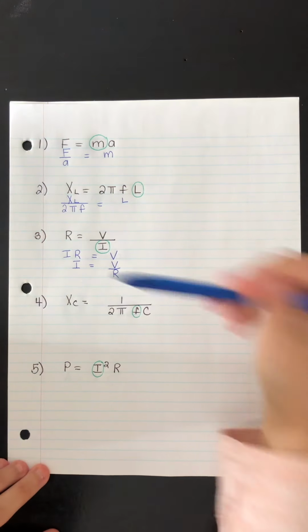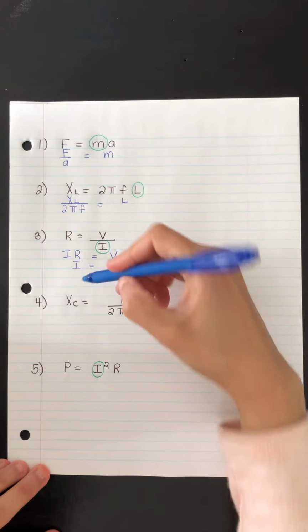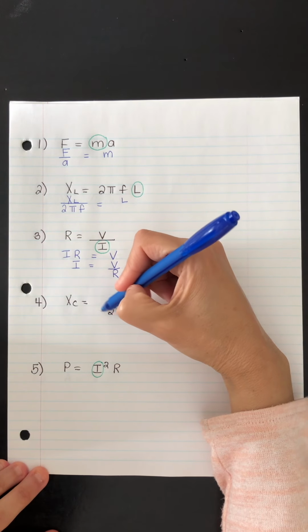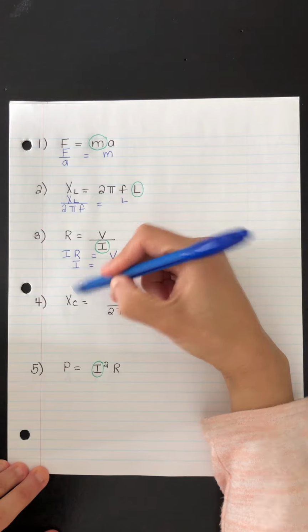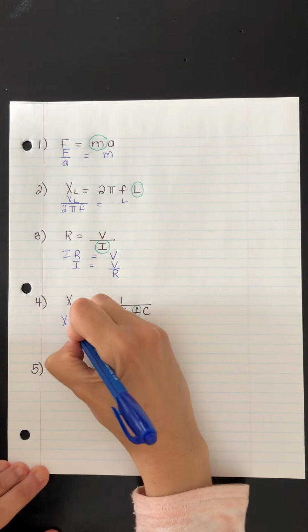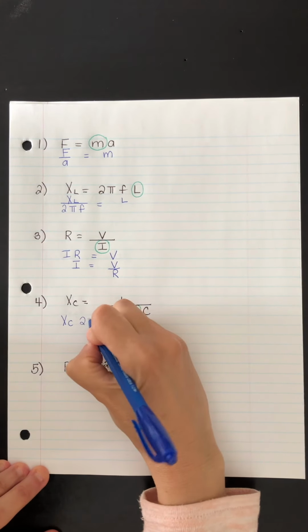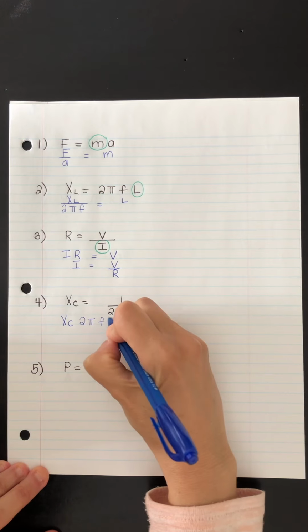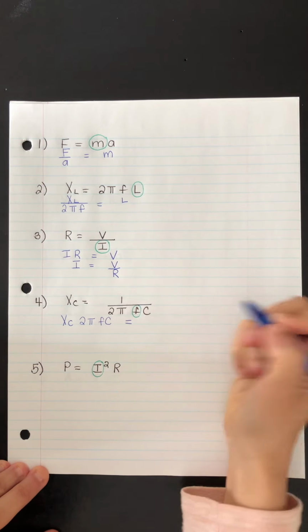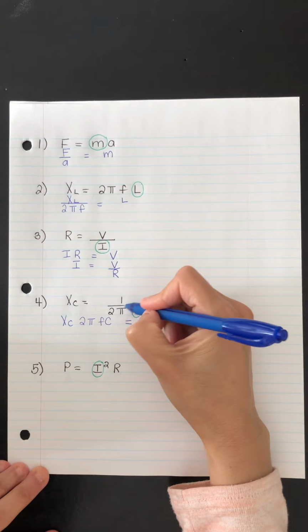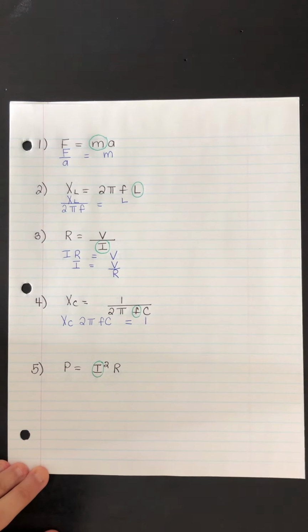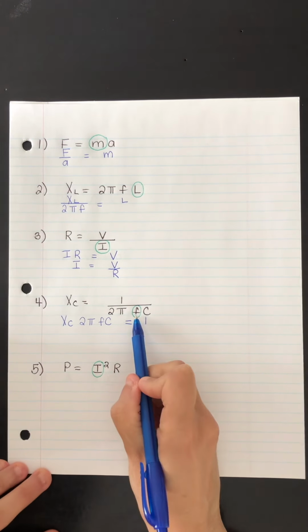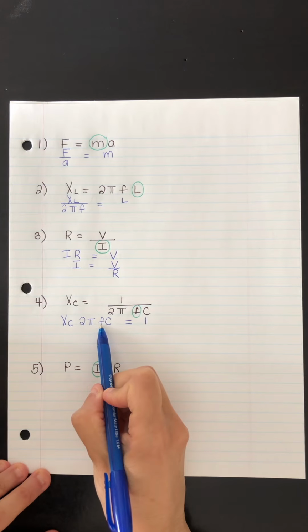Question 4 is just like question 3. So we're going to start with that all-important multiplication. So XC is multiplied by 2 pi f and c. Then we have the equal sign. On the right side will be 1. Now we're trying to isolate f. It is here.